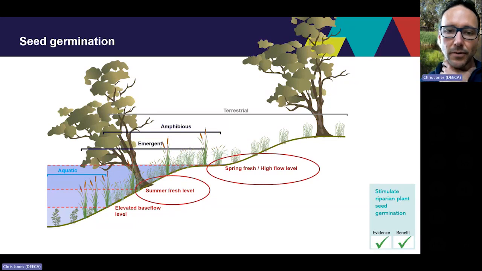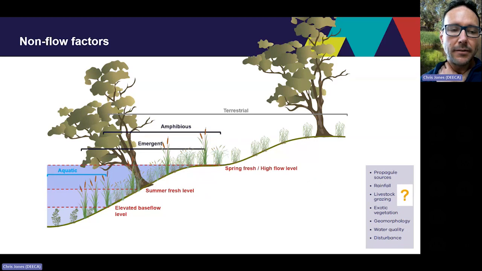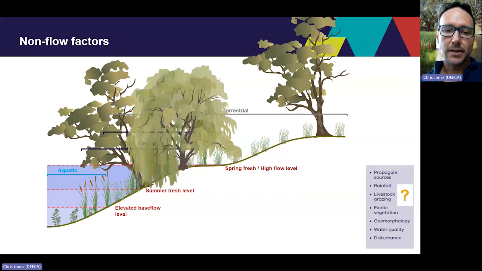So again, that's reinforced. And finally, the non-flow factors. These are the things that influence vegetation responses to flow, and we did find evidence for all of these things. Dense shade from exotic plants such as willows had a significant negative impact on riparian plants.